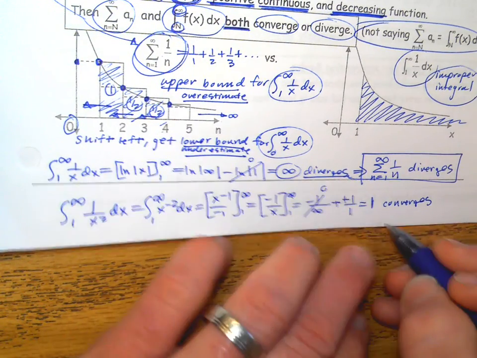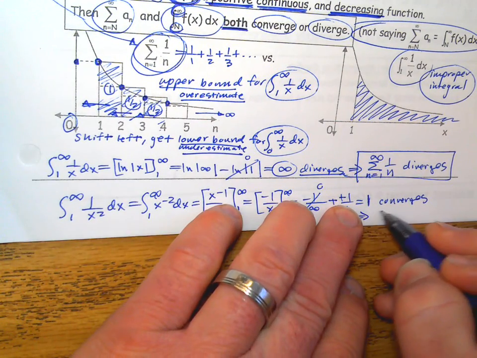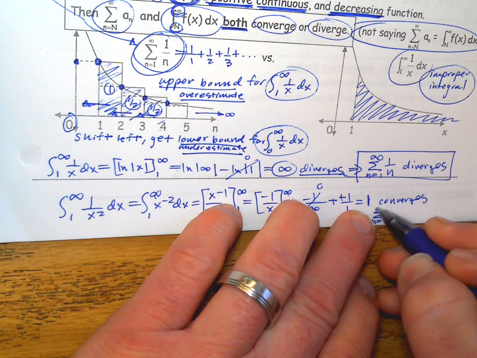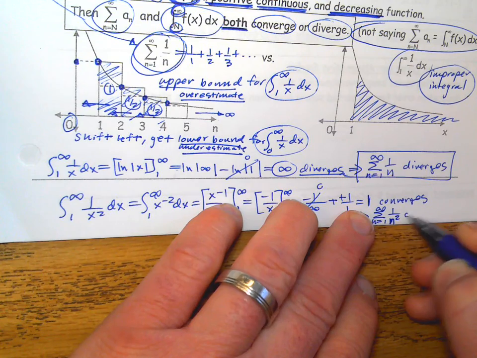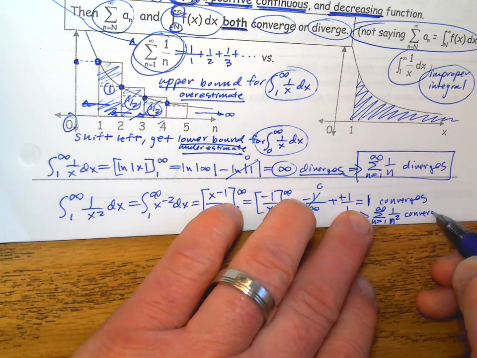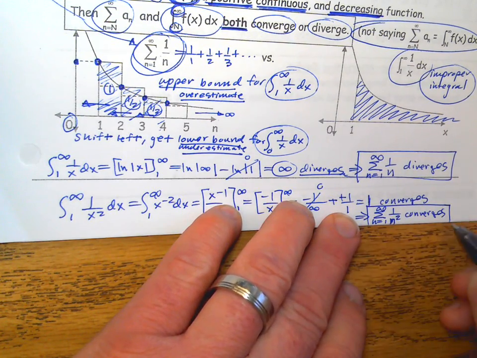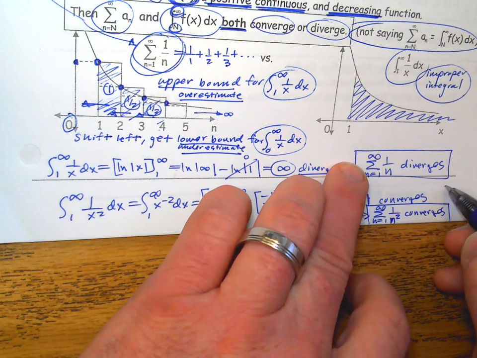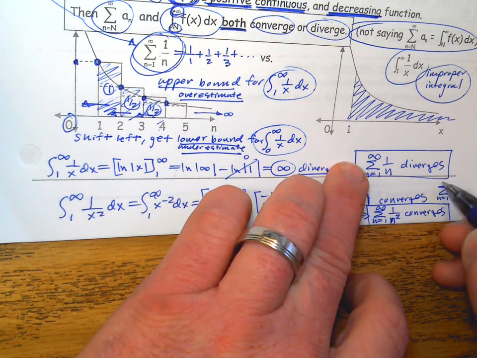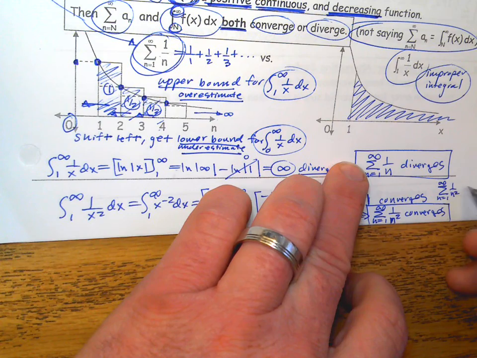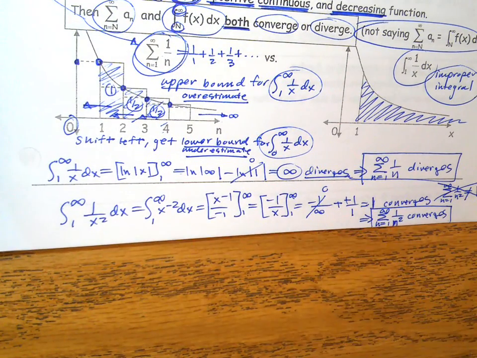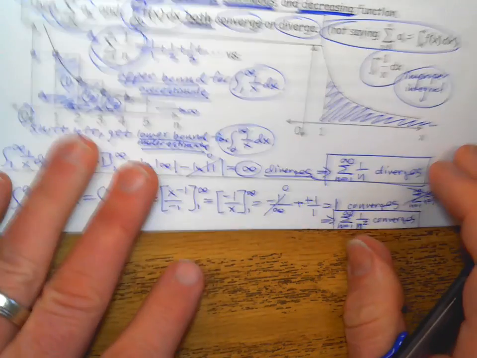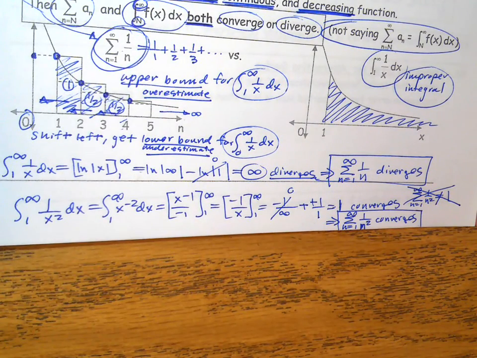Because this one converged, the series from n equals 1 to infinity of 1 over n squared also converges by the integral test. I want to make sure you understand that the series 1 over n squared does not necessarily equal what that integral equaled. They just both behave the same in converging or diverging.